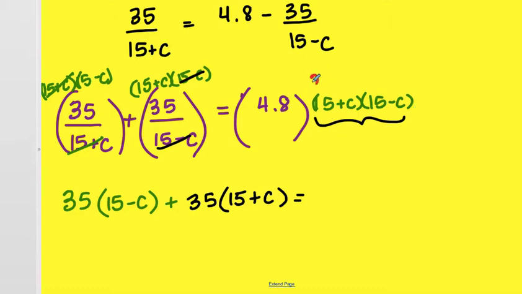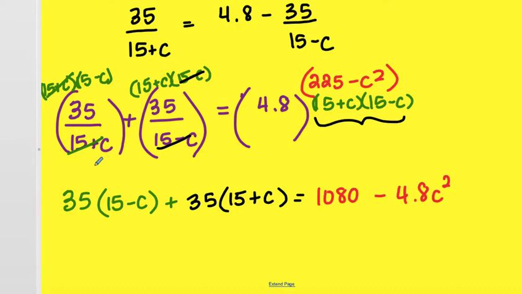So that's going to give me 225 minus C squared, and I'm going to multiply that whole thing by 4.8. So grab that calculator, 225 times 4.8 gives me 1080 minus 4.8C squared.